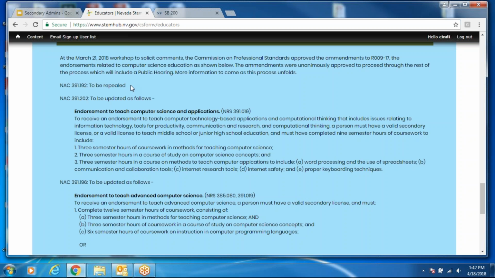Currently there are 3 on the books. We are reducing it down to 2. So the first one would be an endorsement to teach computer science and applications. Notice the name change ties in with the endorsement name.